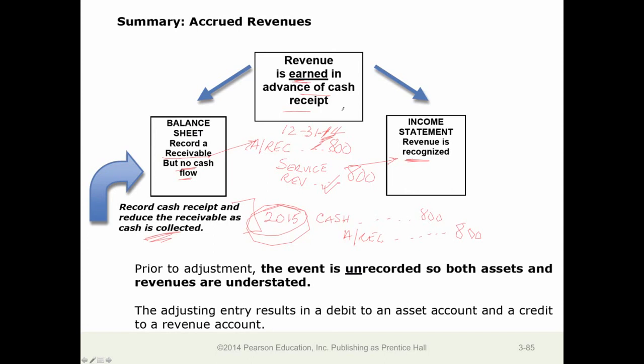The service was not provided in 2015, but that's when the cash was collected. It does not affect your revenues of 2015. So revenues are recognized only when the services are performed. And again, prior to that adjustment, it's unrecorded, so both assets and revenues are understated. And of course, you debit the asset account and you credit the revenue account.